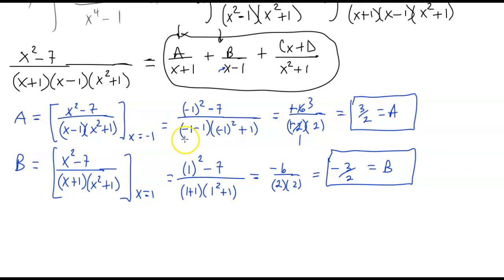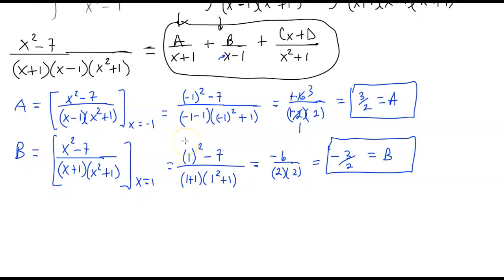So now that we have that, we know that A is 3/2, B is -3/2. Now our goal is to find out what C and D are, but we can't use this shortcut method to do that, because this only works whenever you have linear factors in the denominator.